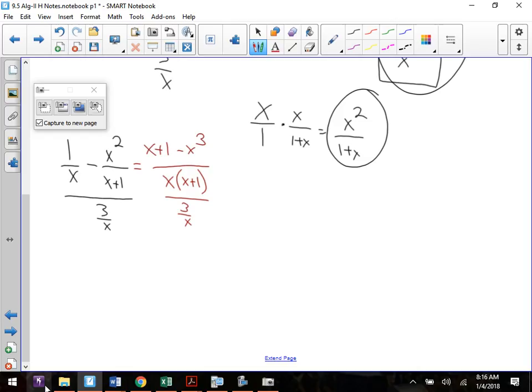So let's see, negative x cubed plus x plus 1 over x times x plus 1, times x over 3. Well, unfortunately, this is rather anticlimactic because you only get to go once.